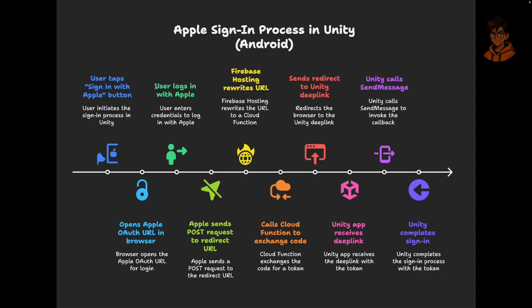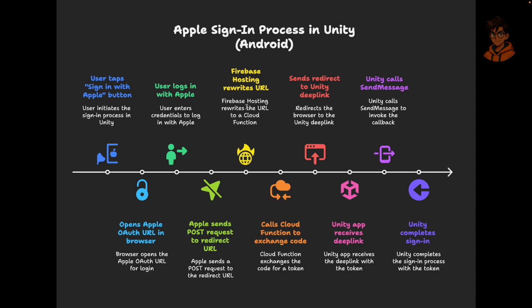After you are able to log in with this username and password, Apple will send a post request to redirect the URL. Because Apple sent a post request, we need to rewrite this URL, and with this rewritten URL we use a function exchange. We'll code two functions in Firebase Functions, and we handle this request from Apple.